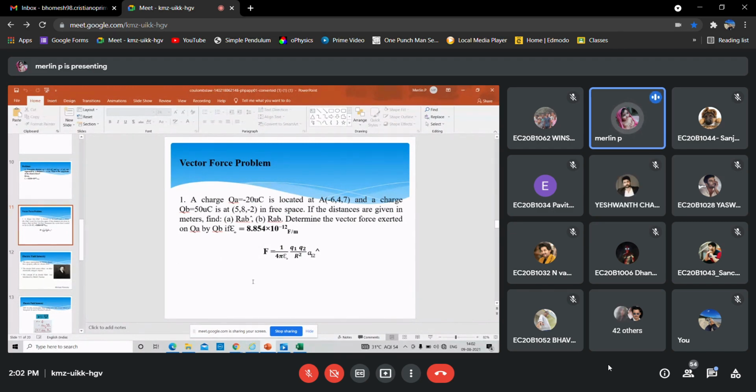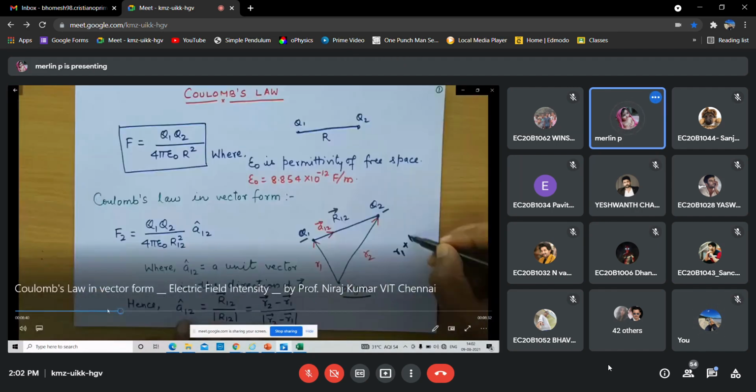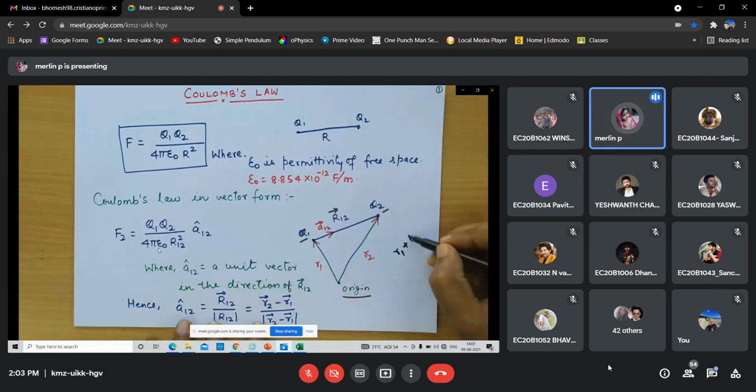You will write it, no. In the unit vector video it is there. See here, R12 vector means R2 minus R1 you will write. Is the screen visible? If suppose RBA is given, how will you write? RA minus RB. Okay, for that I am telling.